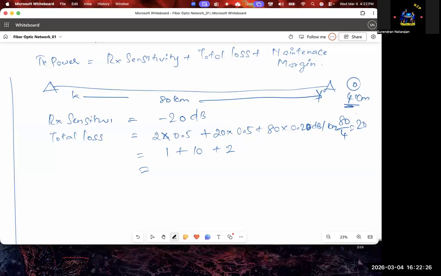Don't worry about the values. Then it is 1.6. So the total loss is 12.6. Okay. Then what is the maintenance margin?